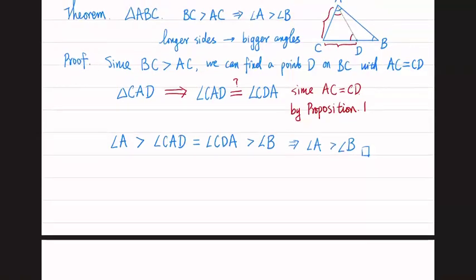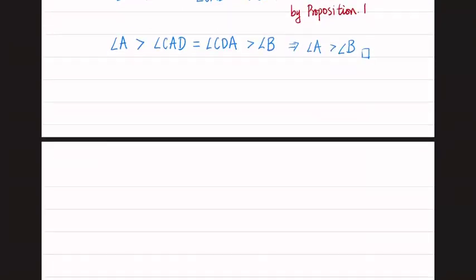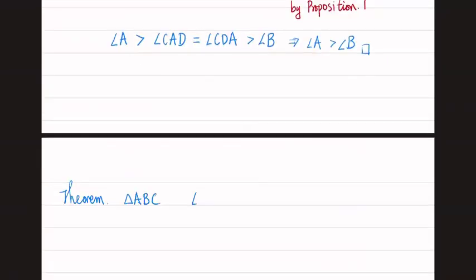Okay, next we go the other way: bigger angles, longer sides. If A is bigger than B, then BC is longer than AC.